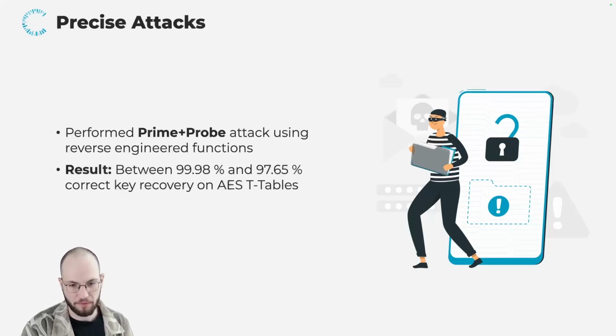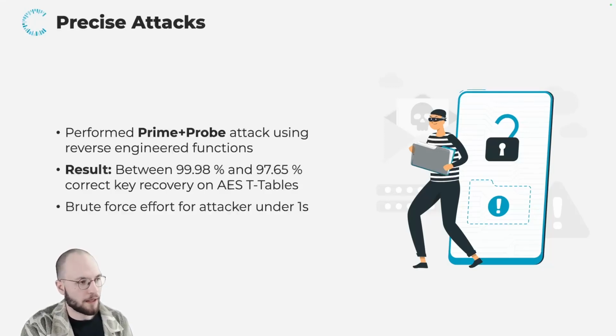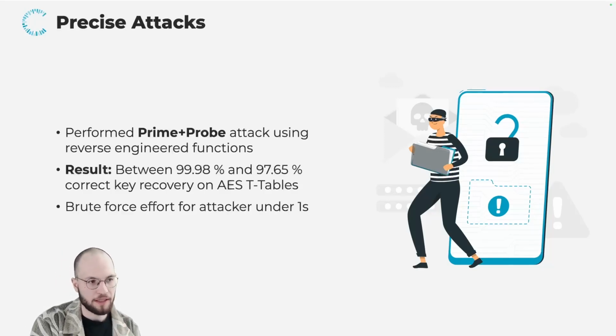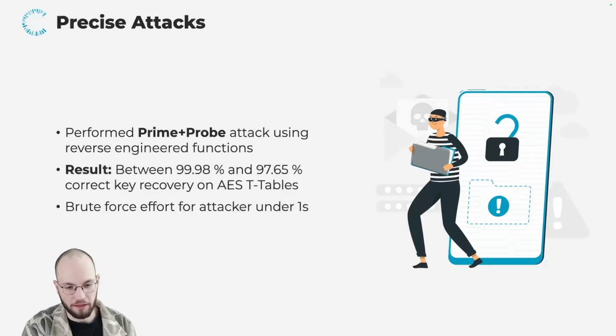We showed that it works with AES T-tables, but it would work with any other side channel vulnerable cryptographic implementation and yield very, very nice and precise results. And the brute force effort for an attacker on an AES implementation would be under 1 second, which is very, very practical.